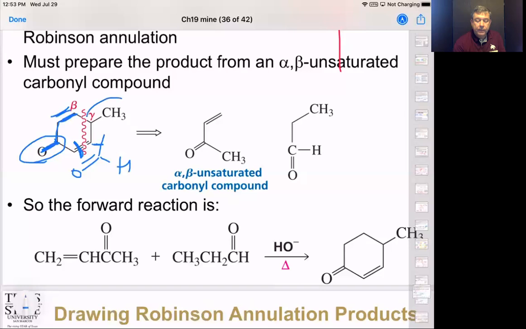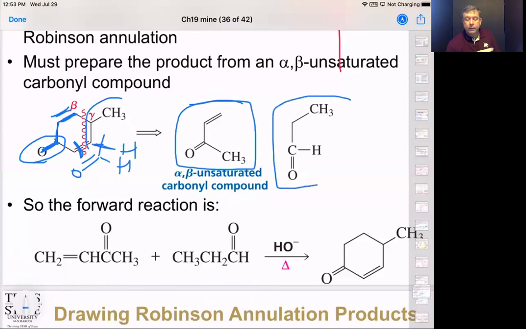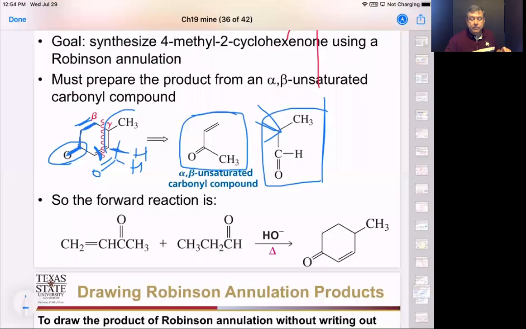The other half here had a hydrogen on it, so it had to be an aldehyde. So that breaks it out into our unsaturated ketone here and our aldehyde here. And this is the place where we form our enolate. That's the most acidic proton that we have, and that's the one we're going to pull off to make the product. Okay, so that is the Robinson annulation.